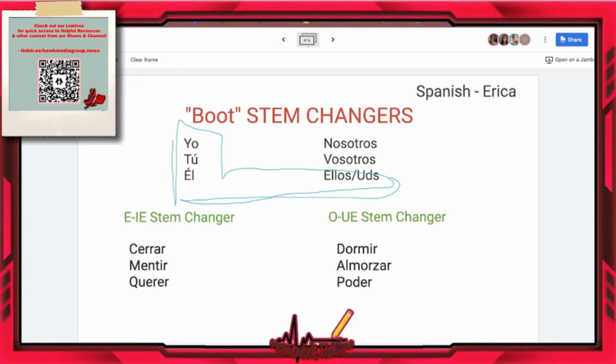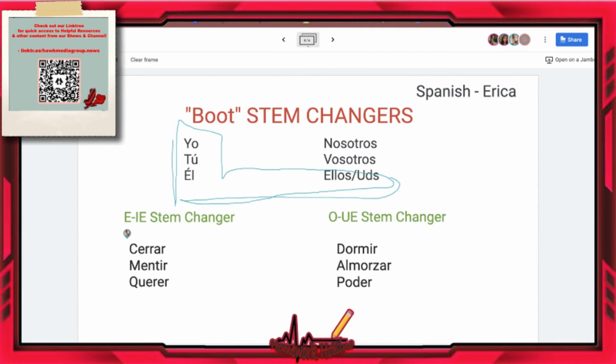So the first ones we're going over are E to IE stem changers. And these stem changers apply to all kinds of verbs. So this isn't going to be something that just applies to AR verbs or ER verbs or IR verbs. It's going to be a whole array. So I got one of each type, so we can go over all of them. The first one we have is cerrar, which means to close.